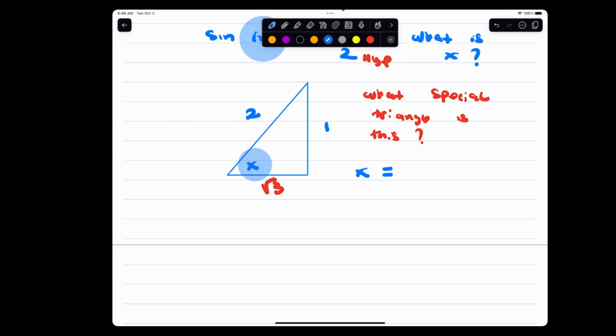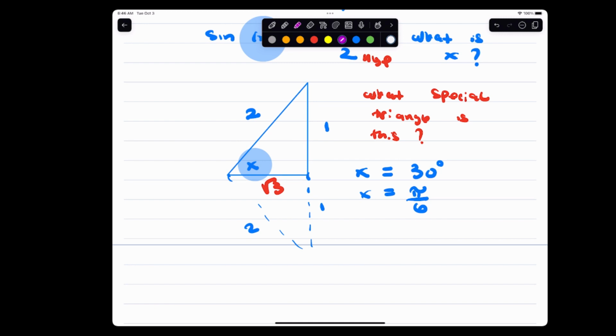I can see it this way: that's 1 and that's 2. Sorry, I should probably draw straighter lines. Here's 1, here's 2. What is x going to be? Isn't that 30 degrees? Special triangle? Yep, 30 degrees. And you need this in radians, by the way. So what is 30 degrees in radians? Pi over 6.